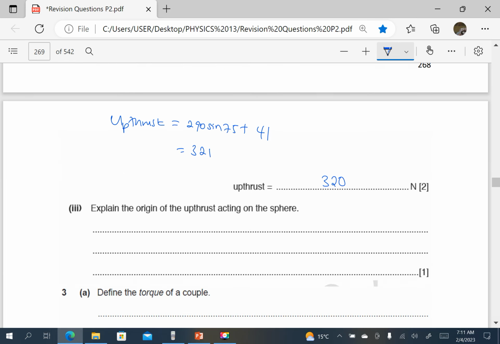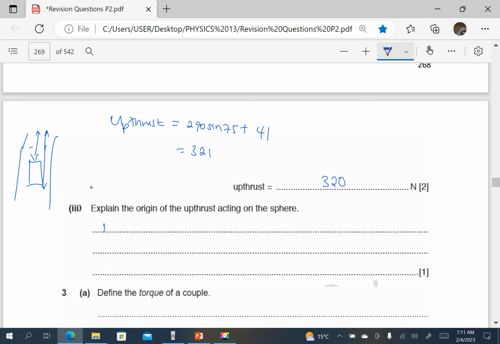So what is the origin of the upthrust? If we have an object submerged in a liquid, there is a pressure due to the liquid at the bottom and there is a pressure due to the liquid at the top. The difference in the pressure at the bottom and the pressure at the top is actually the origin of the upthrust, because that difference in pressure multiplied by the cross-sectional area will be the upthrust according to Archimedes' principle.